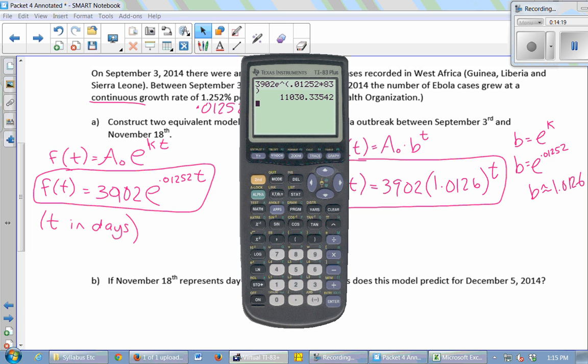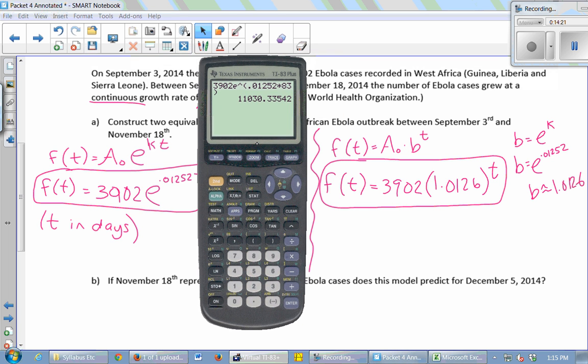If I use my other model, I have 3,902 times 1.0126 to the 83. And I get almost the same number. Why did I come out just a teeny bit different? Rounding. Yeah, I rounded this 1.0126 a little bit.